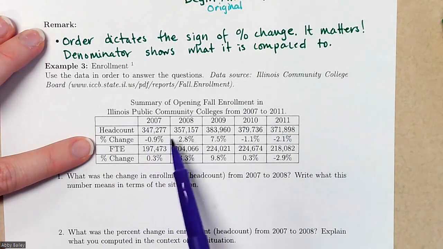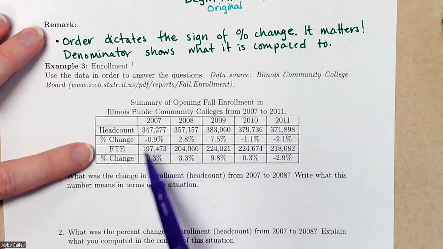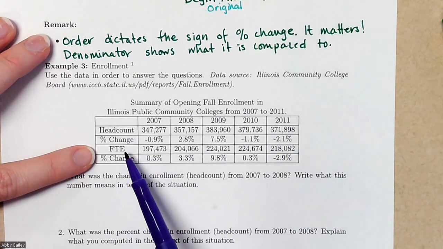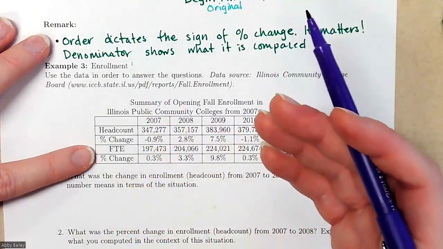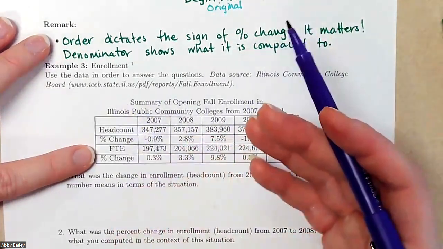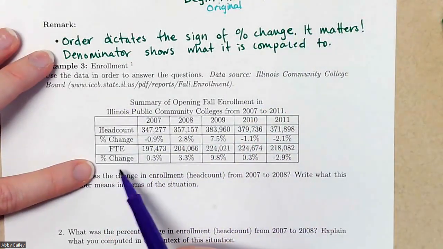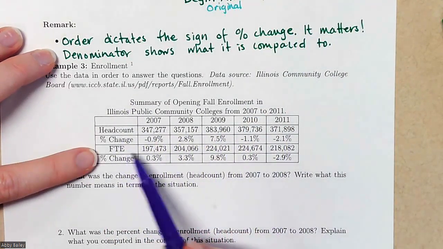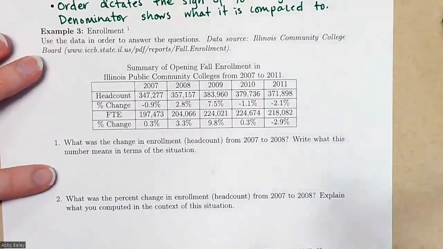So, first thing I notice is that some of them are positive and some of them are negative. FTE is full-time enrollment because, as you know, at community college, we got some part-time, we got people taking leisure classes, we got full-time, all kinds of different students. And then the percent change of that. So this is all count versus full-time students. Okay, let's get to it.